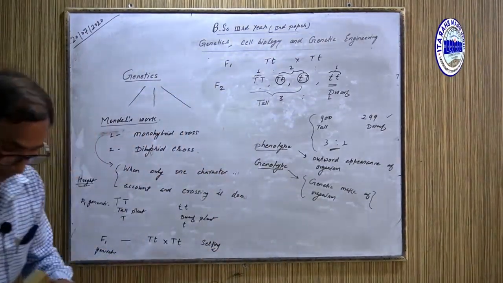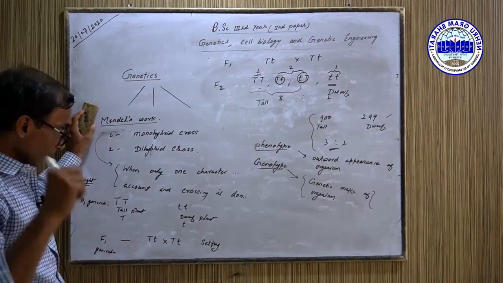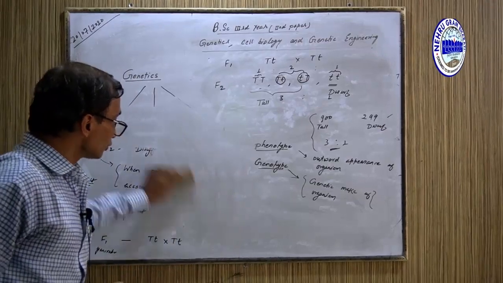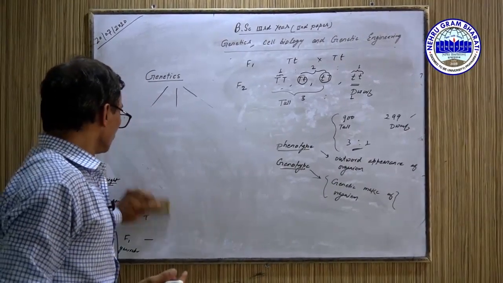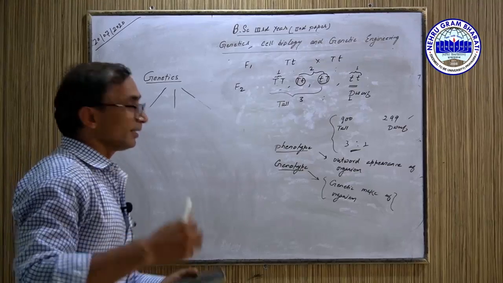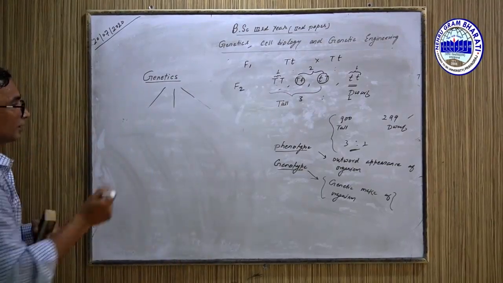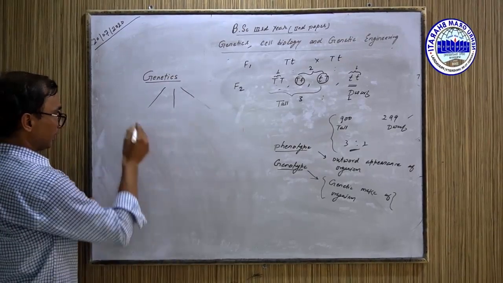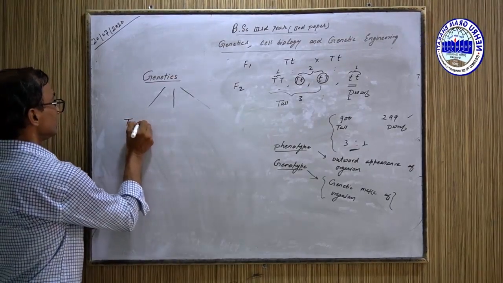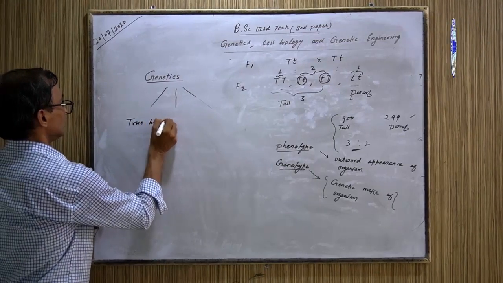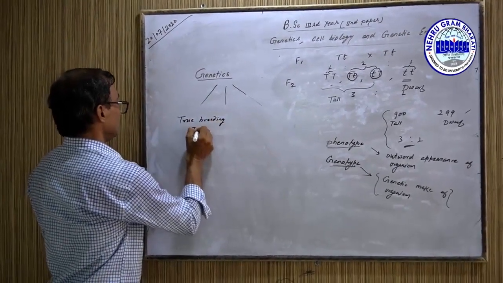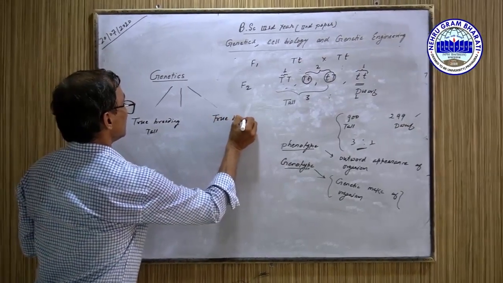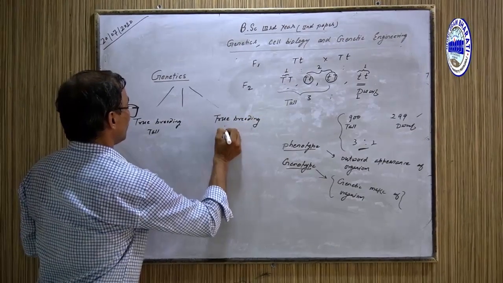Actually, when Mendel conducted the experiment, taking Pisum sativum as a model plant, he used the terms true breeding tall and true breeding dwarf, which are the pure lines. We generally use the true breeding tall and true breeding dwarf.